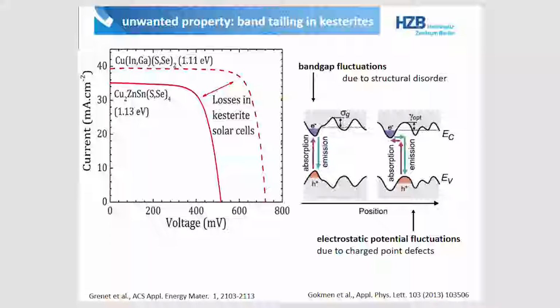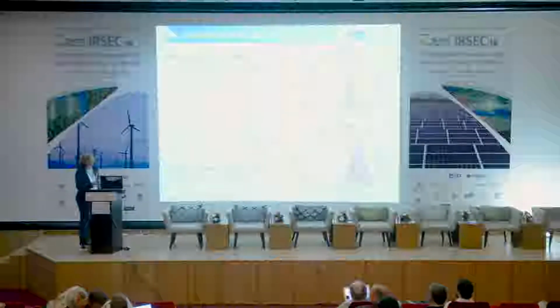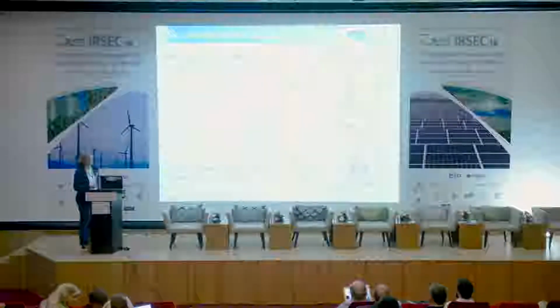Also, if you look at the EQE measurement, comparing a not-that-good chalcopyrite solar cell, 15%, with an 11% Kesterite, you see that you have first a broad PL here in the Kesterite, and you have a difference between the band gap and the PL peak maximum in the Kesterite.